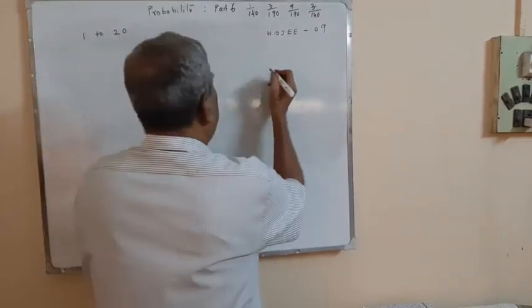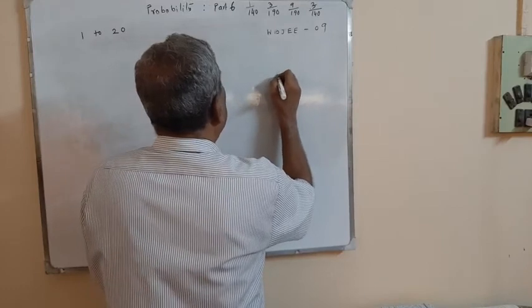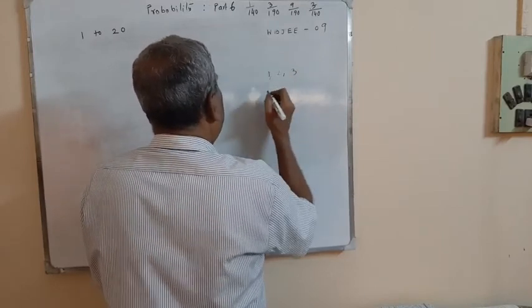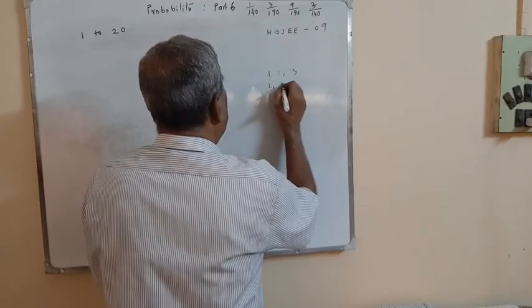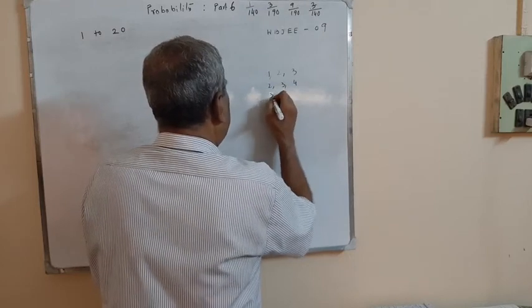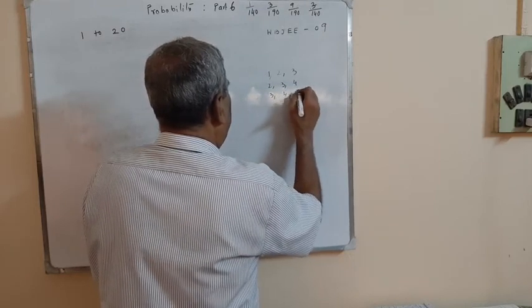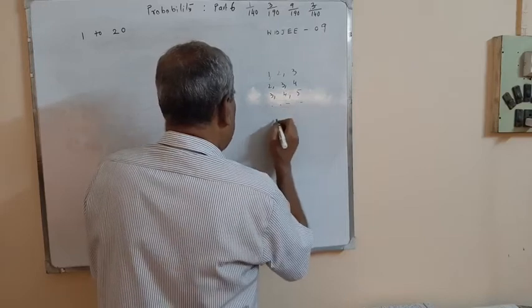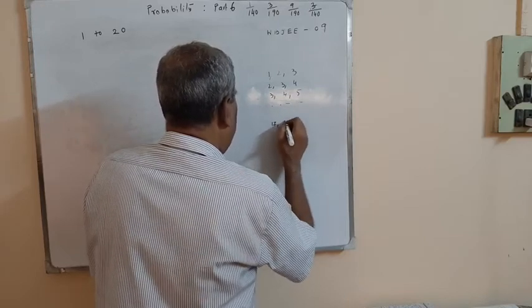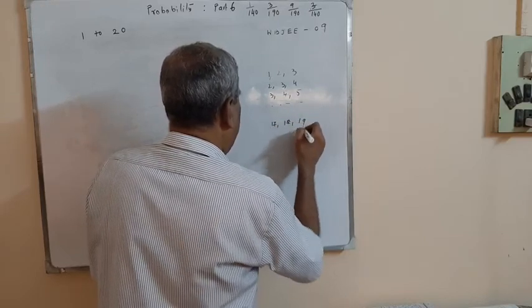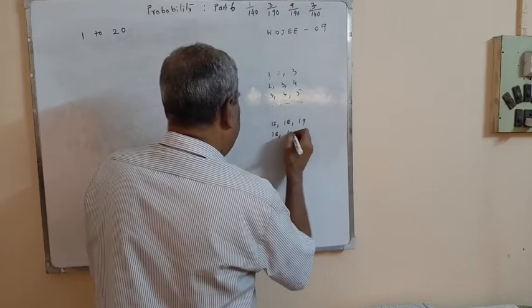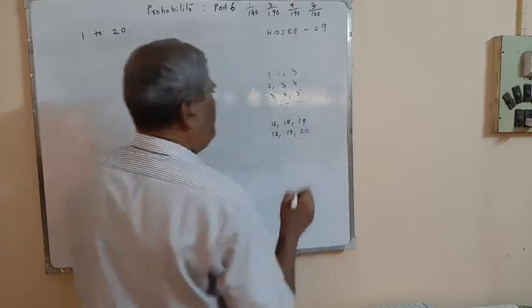Consecutive means it may be 1, 2, 3, or 2, 3, 4, or 3, 4, 5, and this way 17, 18, 19, and 18, 19, 20.